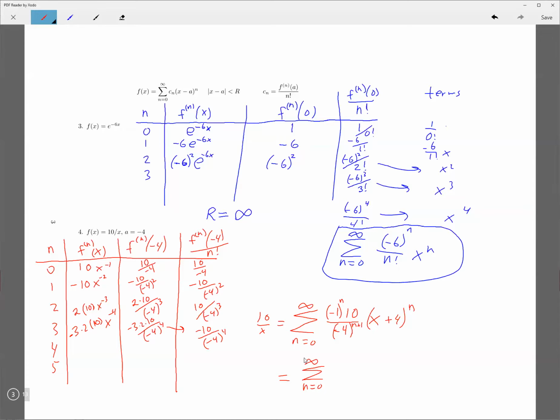Wait a minute, I'm confused. Oh yeah, no, this makes sense. So this negative here and all of this cancels just to negative. So you have negative 10 over 4 to the n plus 1. Okay, let's try that.